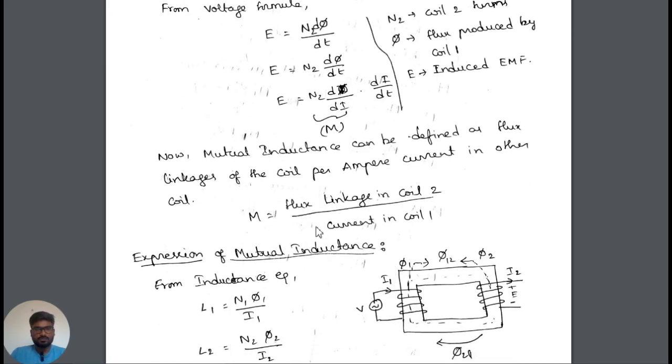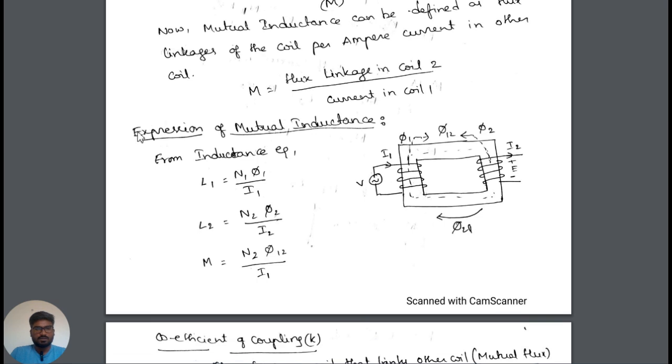Mutual inductance is equal to the ratio of flux linkage in coil 2 by current in coil 1. Expression of mutual inductance. We know from self-inductance, for coil 1, it is N1 phi1 by I1.